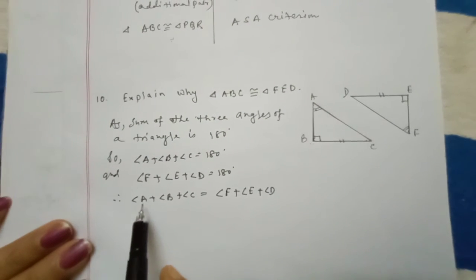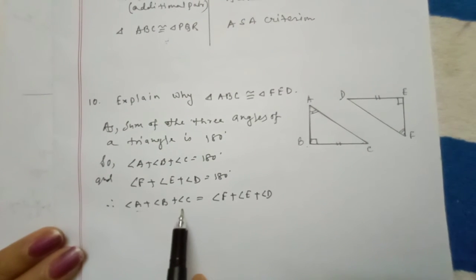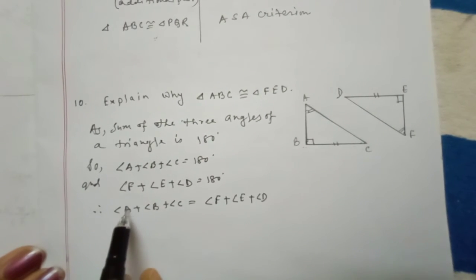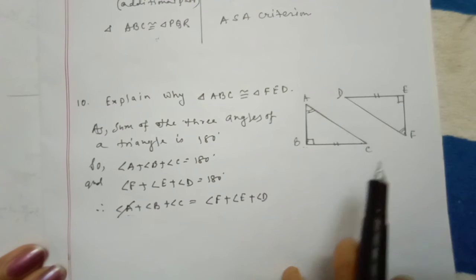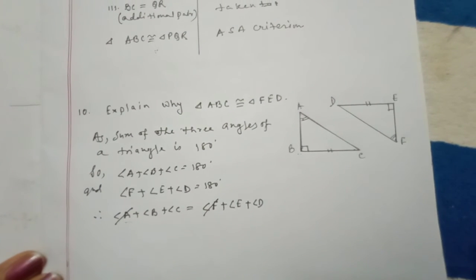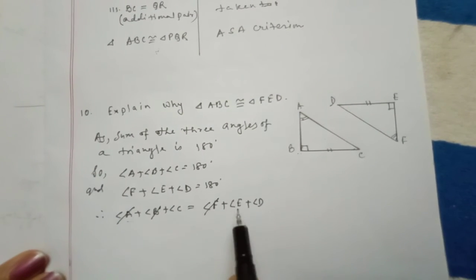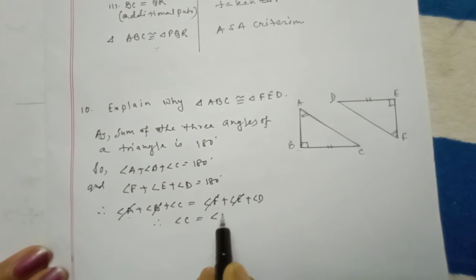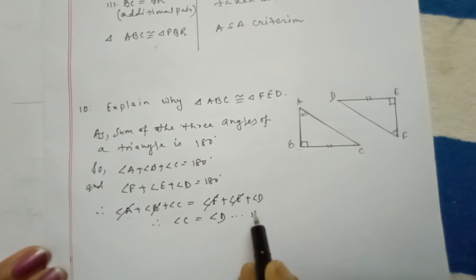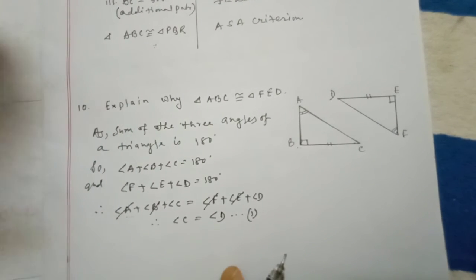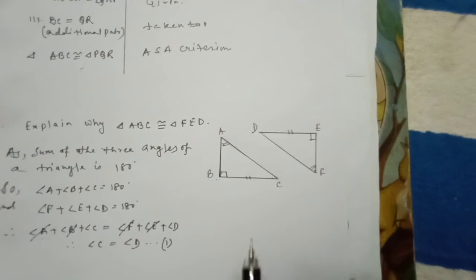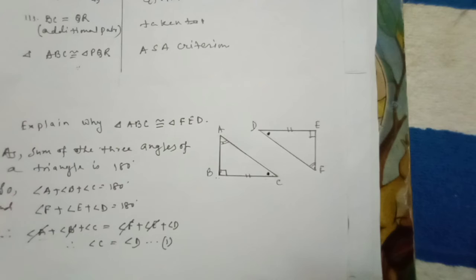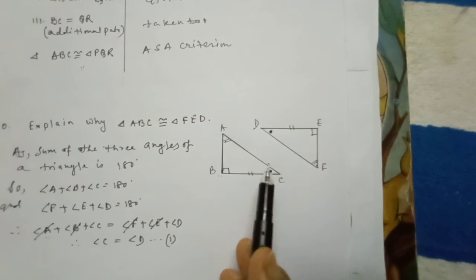That means the sum of this portion is 180 degrees and the sum of this portion is also 180 degrees. So what can I do? As angle A is equal to angle F, I am cancelling these two values, and also angle B is equal to angle E, so we can prove that angle C is equal to angle D. Now how to prove these two triangles are congruent?